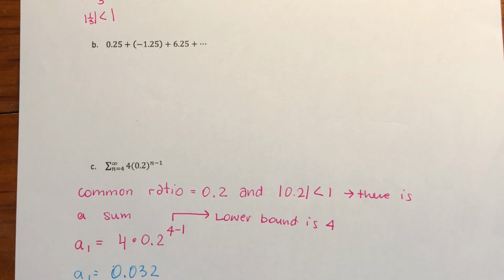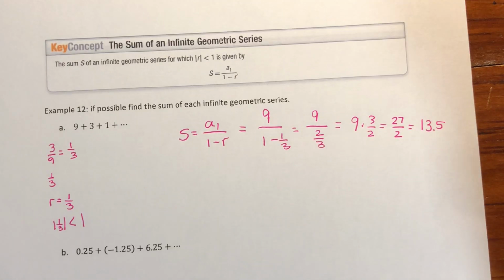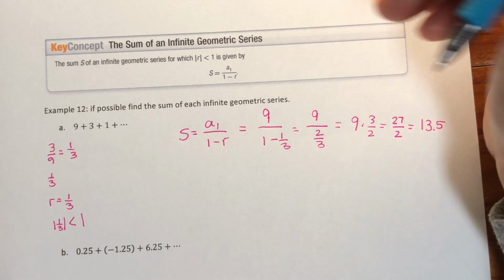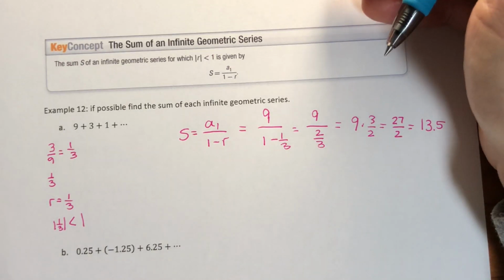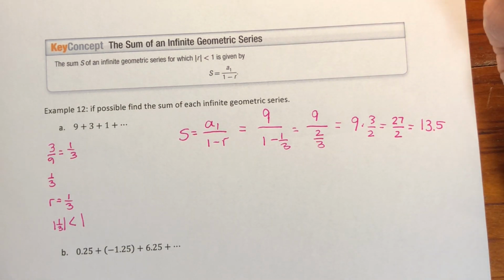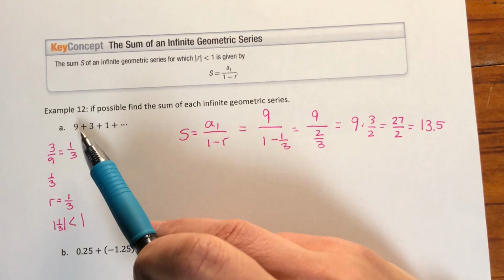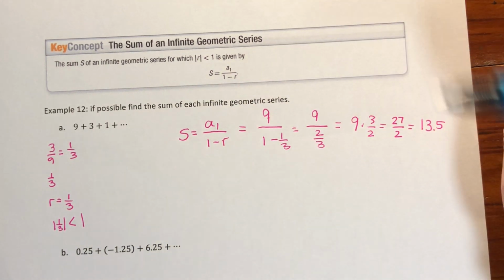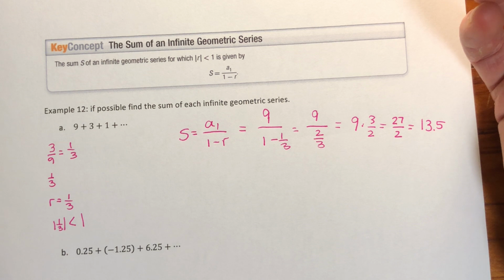And we do have the last thing. So what happens if the series is infinite? What happens if the numbers don't have a number of terms, because they will go on forever? Like, for example, this one, 9 plus 3 plus 1 plus, and we do not have any end, we do not have any information how many terms there are.